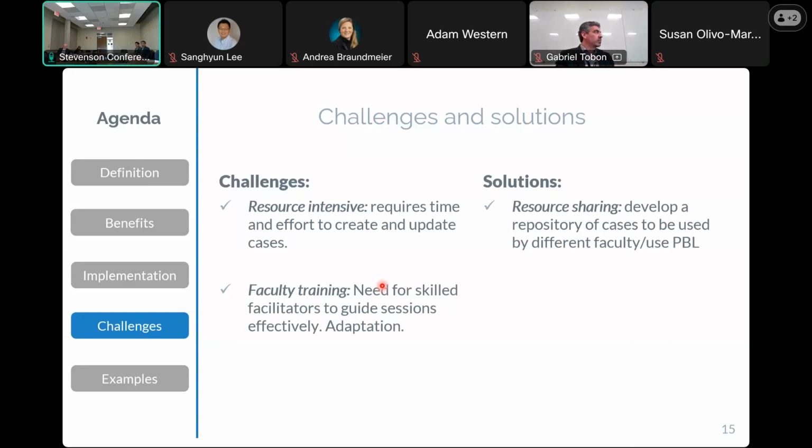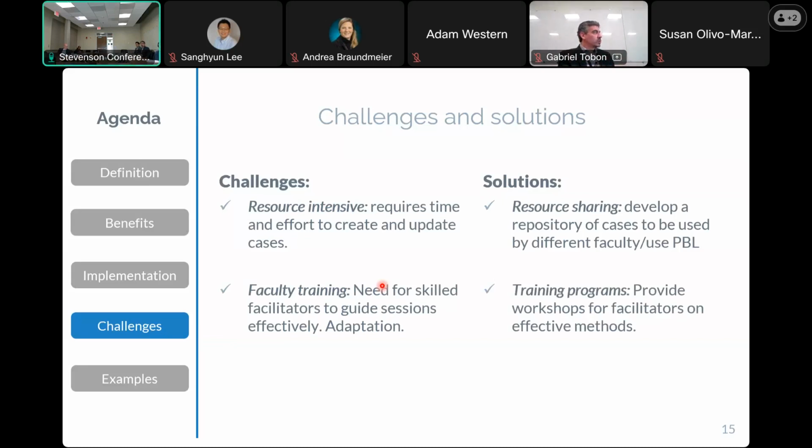Training is also important, training and adaptation. It's important for the faculty to deliver the content adapted to multimedia or videos or different flow charts and concept maps.